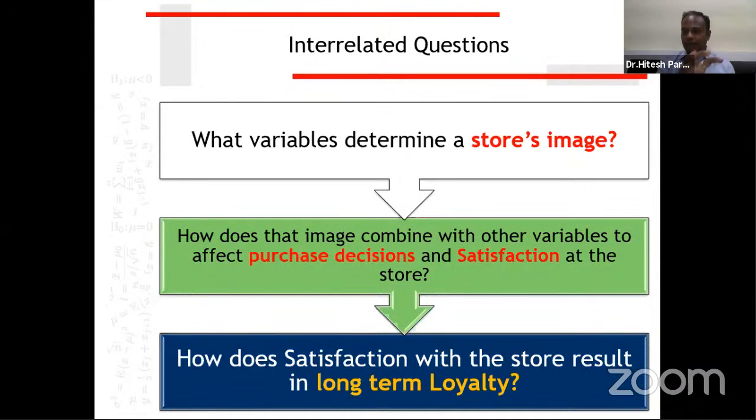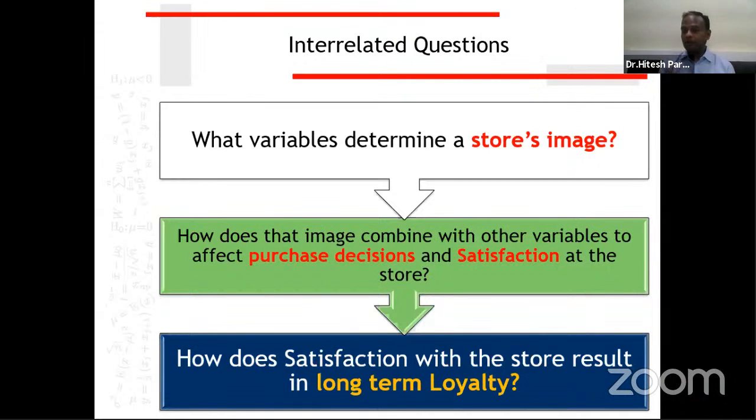Whenever we are going to examine a path-like situation, structural equation modeling will be helpful. Now it is the relationship between the constructs or factors. Earlier we were studying the relationship between the variables, but now it is the relationship between the constructs.